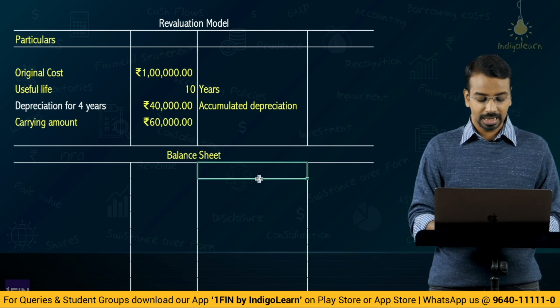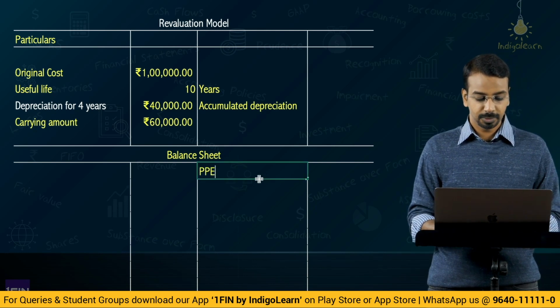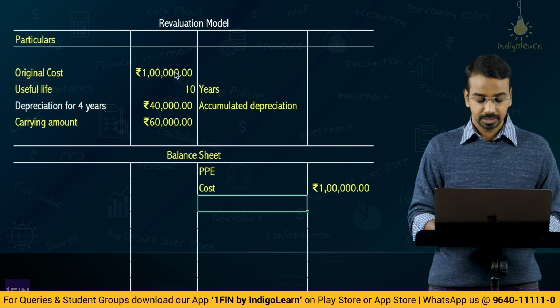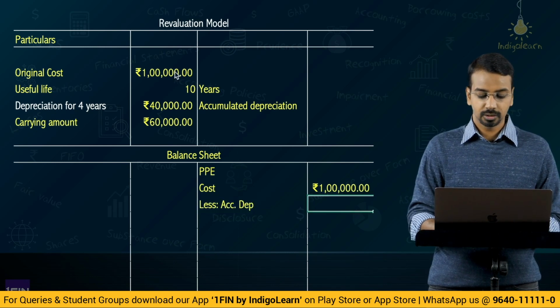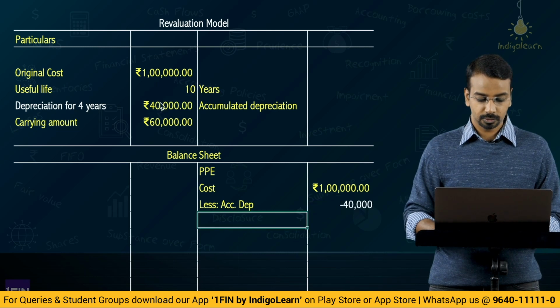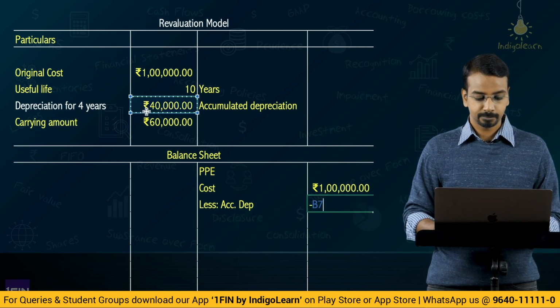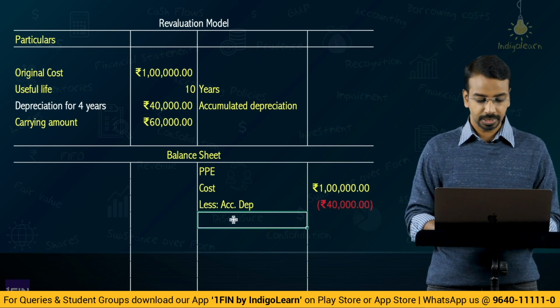In the balance sheet also, you will have PPE cost of 1 lakh less accumulated depreciation of 40,000, right.